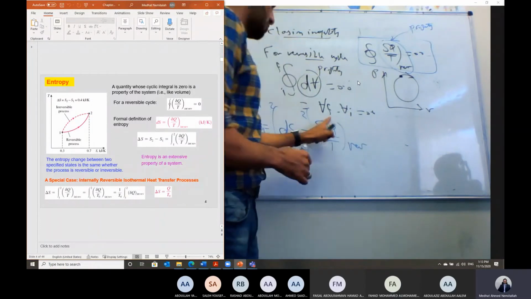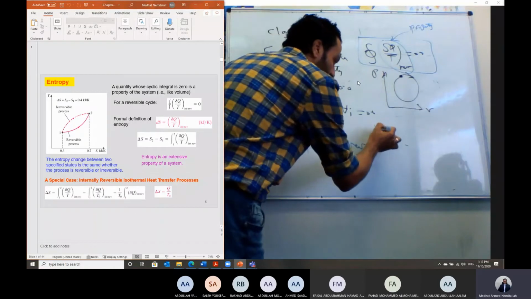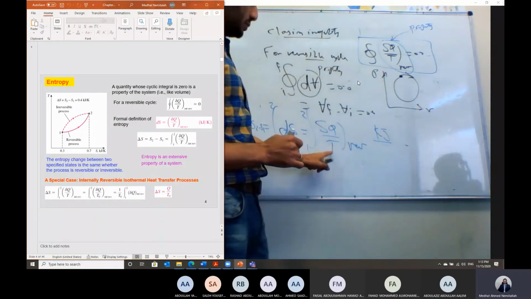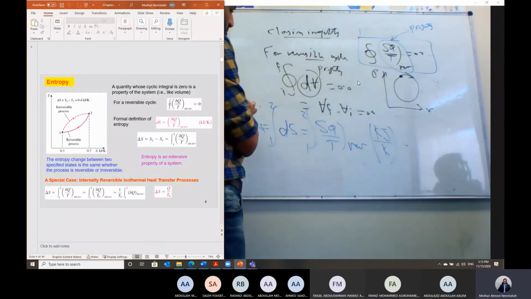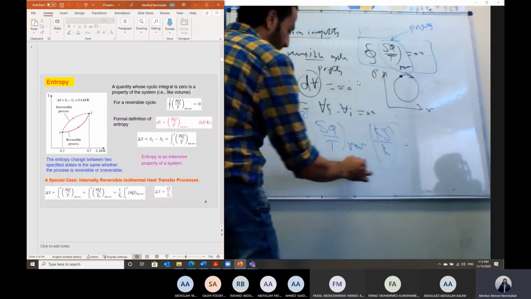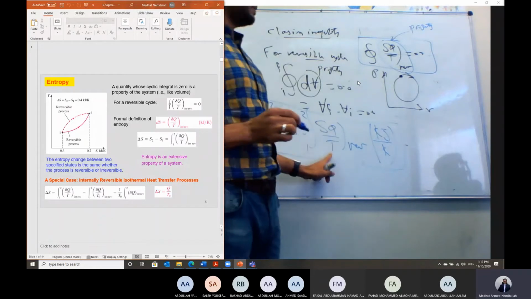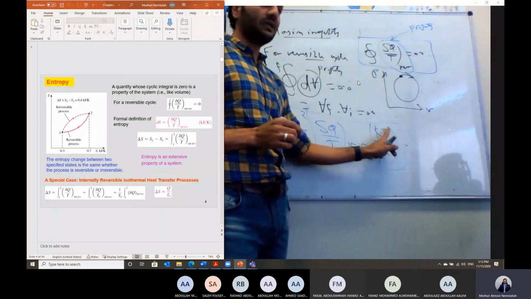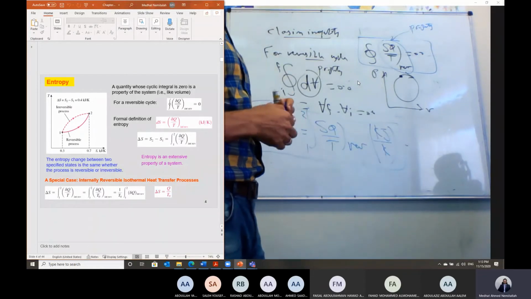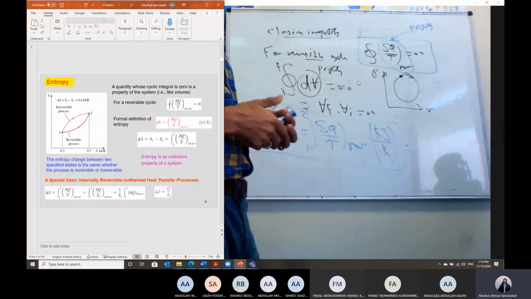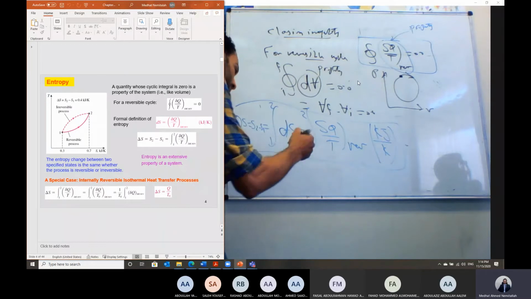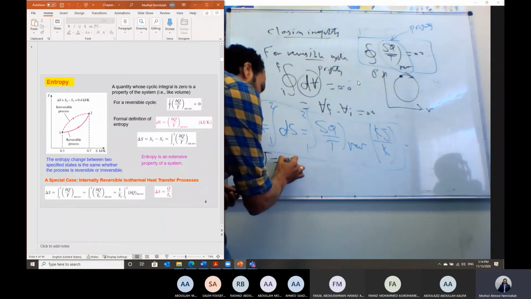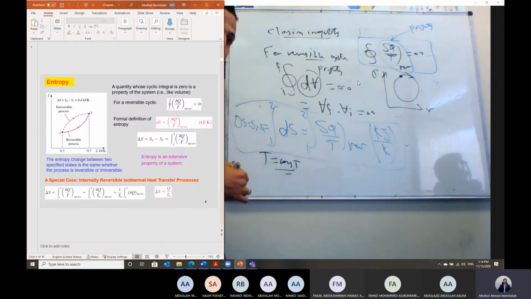And for this property, delta Q over T, the heat transfer is calculated in kilojoules and temperature is measured in Kelvin. So this property, which is called entropy, is defined as the integration of delta Q over T, and it is calculated in kilojoules per Kelvin. But if we have an isothermal process, that means the temperature is constant.